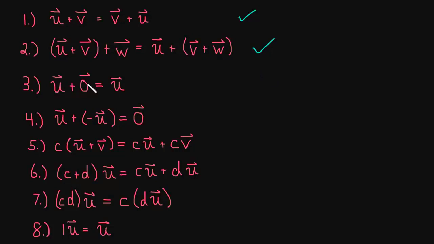You know, when you add a real number to 0, you get that real number back. So you can go through all of these pretty easily, and like I said, just use the properties of real numbers that you know. One interesting thing here is we have this thing called the 0 vector. And the 0 vector is a little bit different than 0.